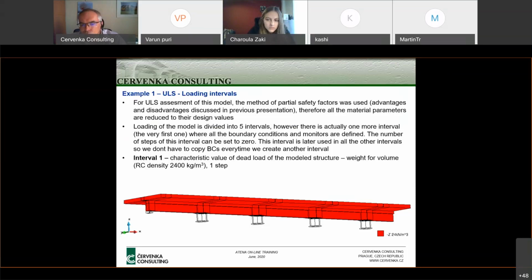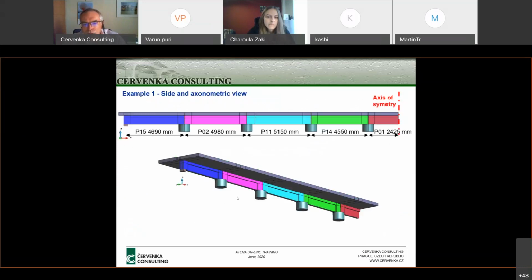But then there should always be sensitivity studies which are project related. So we should investigate the step size, how large a part of the model we should analyze, what would be the effect of boundary conditions, effect of mesh sizes, and so on. This always should be done as a part of each project.